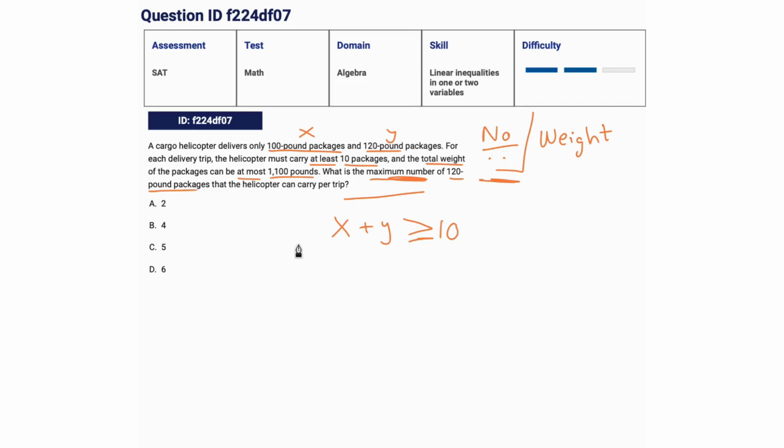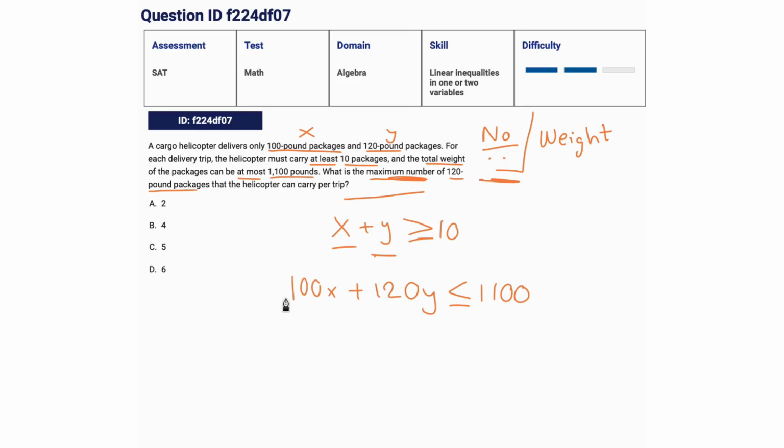Okay. How do we find out the weight of these? We don't know the number of packages just yet, right? We just named them X and Y. So let me just write it first. See here, for example, X is the 100-pound packages.